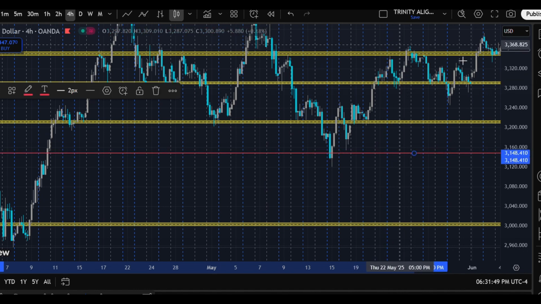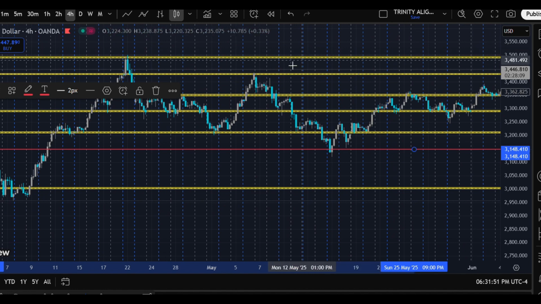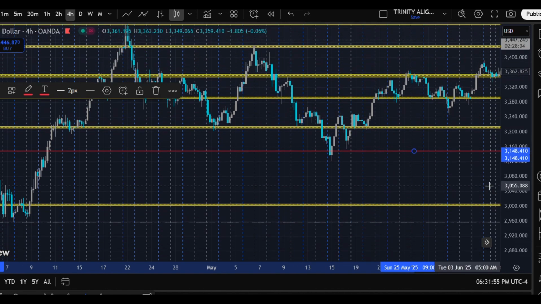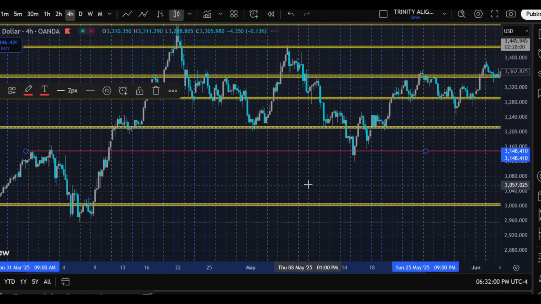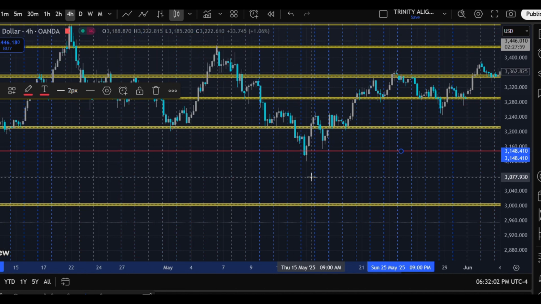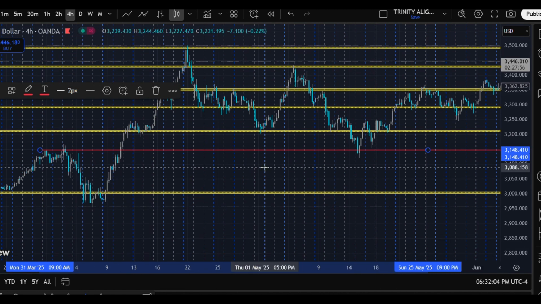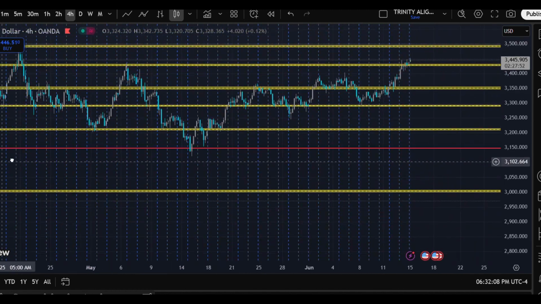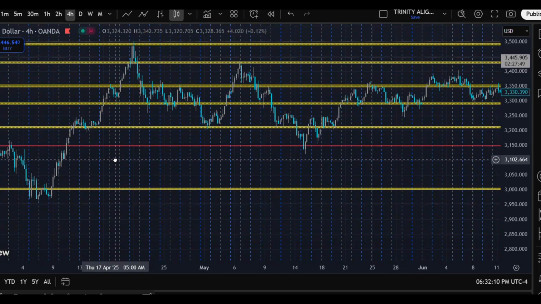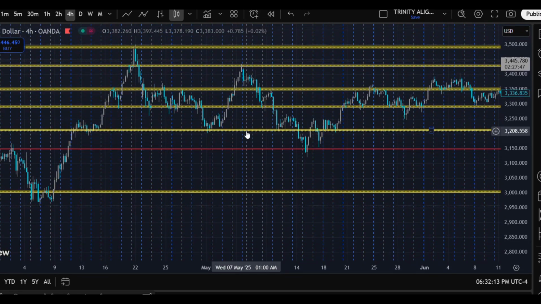Somewhere right here. Now these minor levels are, well, first off, these yellow lines right here are major levels, key levels, and these other ones are minor. Made that one red. That looks good.